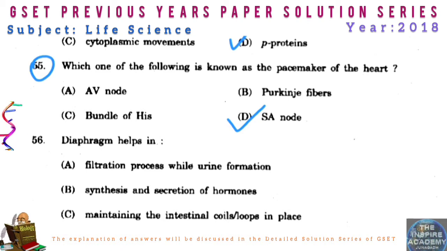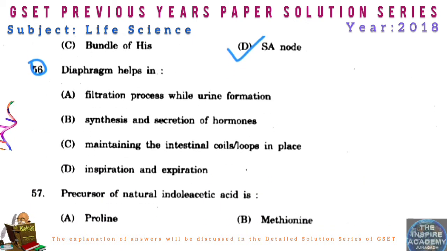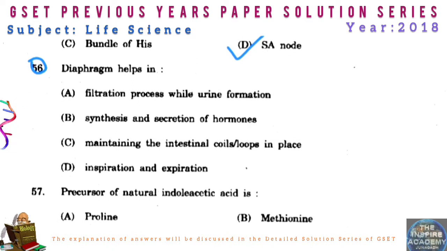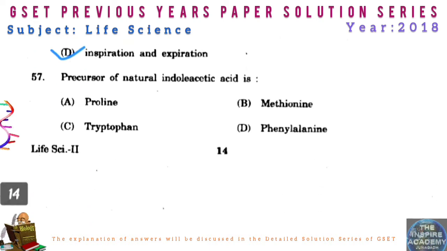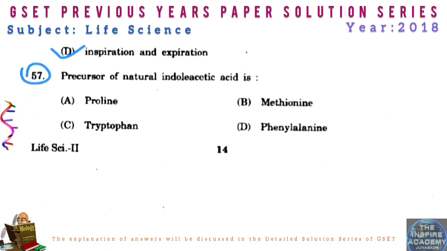Question number 56. Diaphragm helps in inspiration and expiration. Question number 57. Precursor of natural indoleacetic acid is option C, tryptophan.